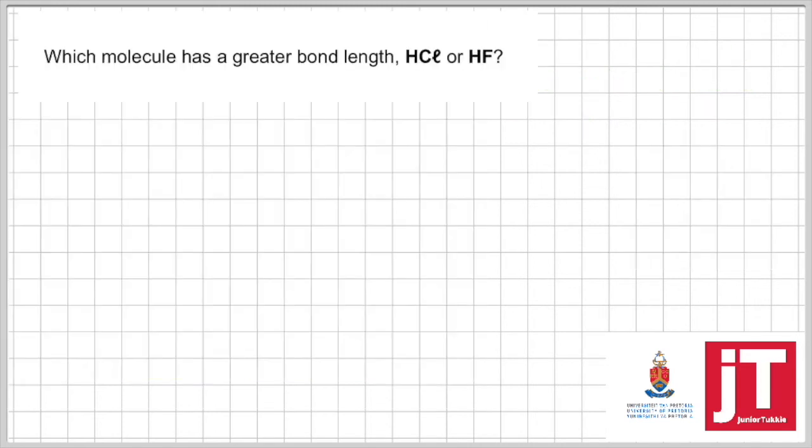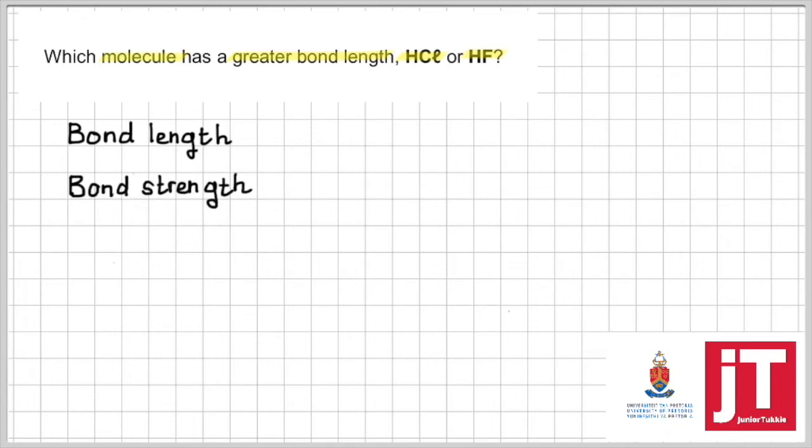This question reads, which molecule, HCl or HF, has a greater bond length? We can start off by remembering which variables are related to bond length. We can start off with bond strength. In this question, we have not been provided with any bond energies, so we can't possibly make use of bond strength. Secondly, we have bond order.